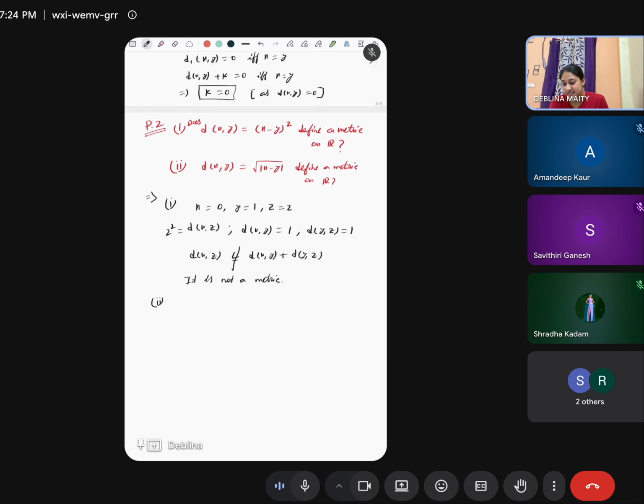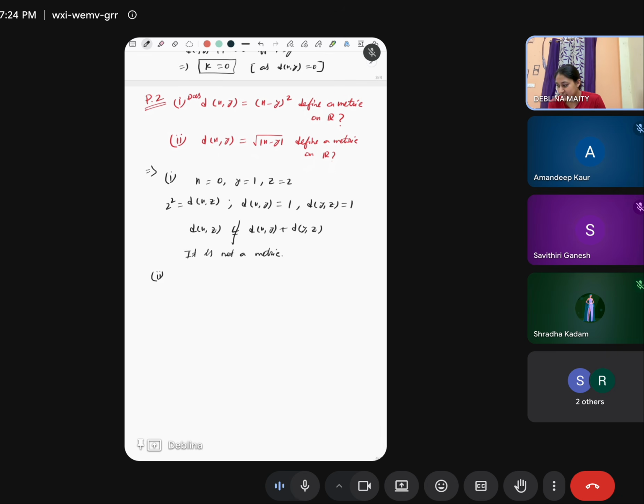Okay, so we'll see that this defines a metric on R. So it will satisfy all the properties. The first, second and third properties are easy to see, right? And the triangular inequality will also be satisfied. For the triangular inequality, we have to show that d(x,y) is less than or equal to d(x,z) plus d(z,y), right? So it means mod of x minus y is less than or equal to the sum.